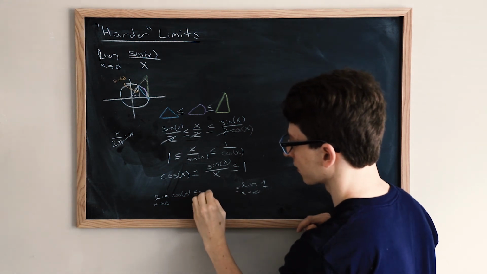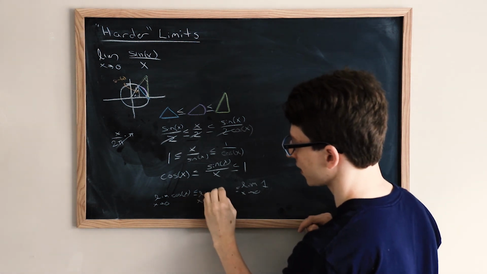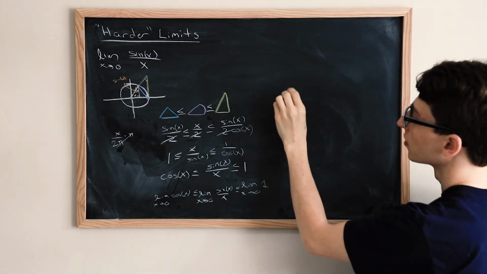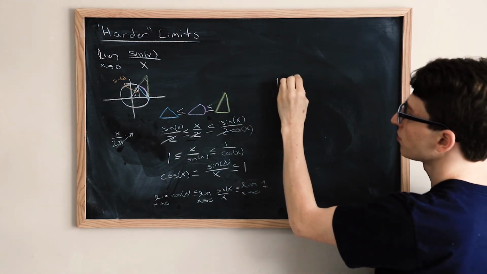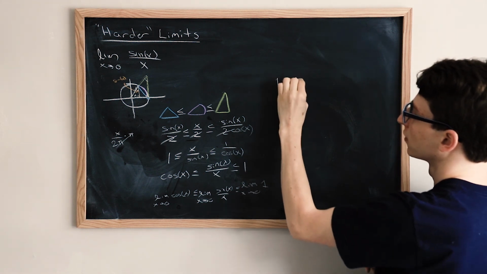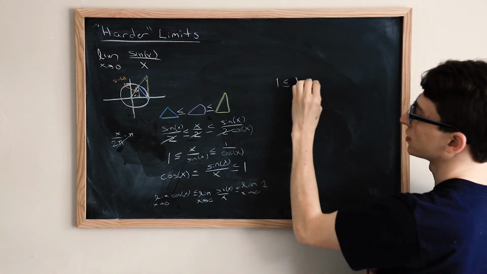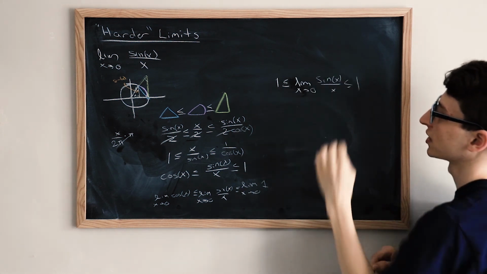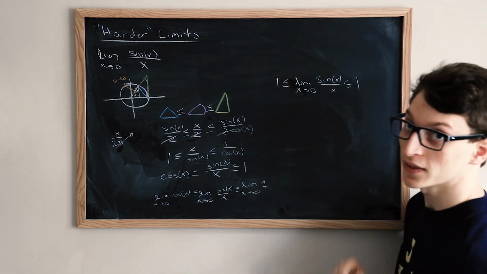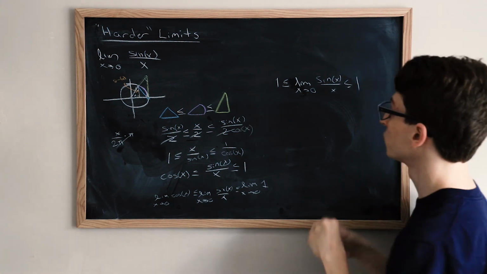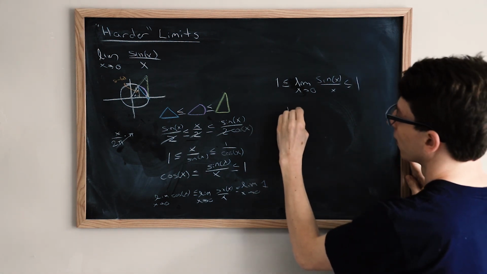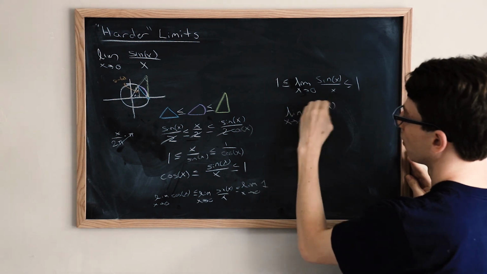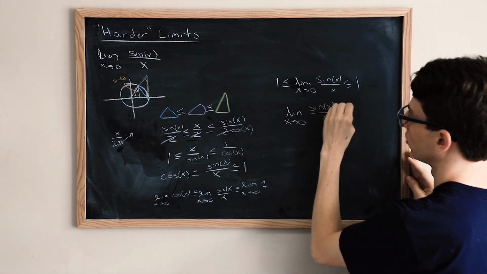So that means that the limit of sine of x over x has to be in between these two. So now we have that 1 is less than or equal to the limit as x goes to 0 of sine of x over x, which is also less than or equal to 1. So it's in between these two values of 1, which means that the limit as x goes to 0 of sine of x over x must equal 1.